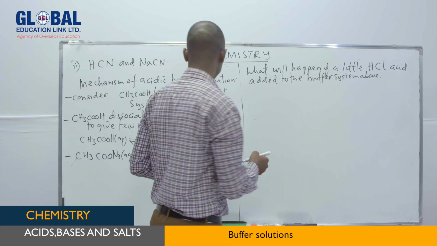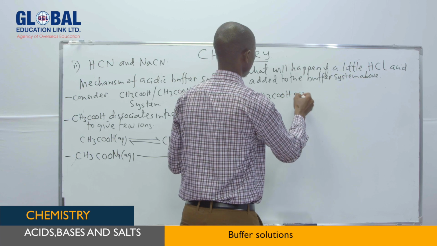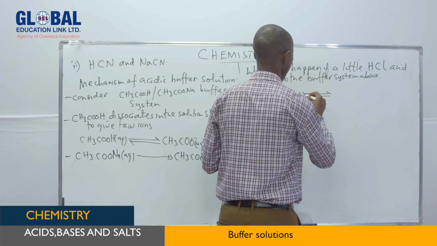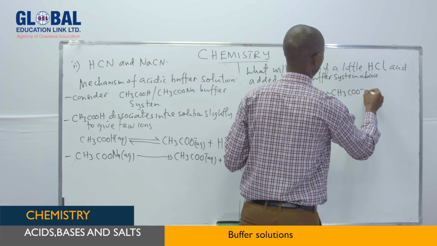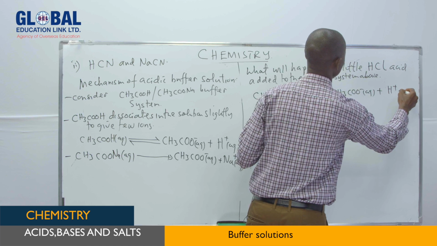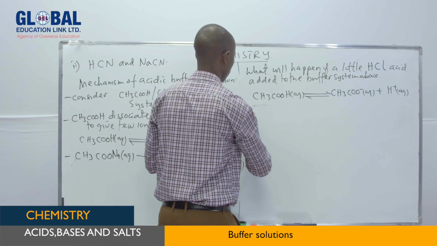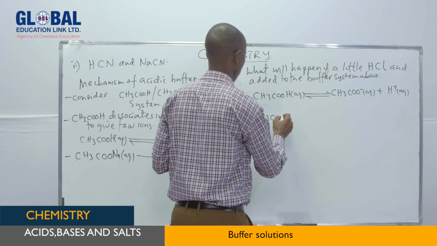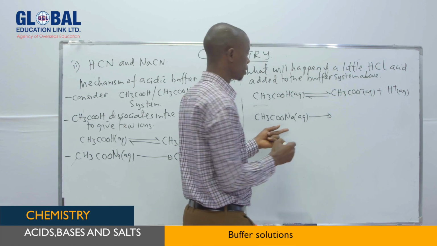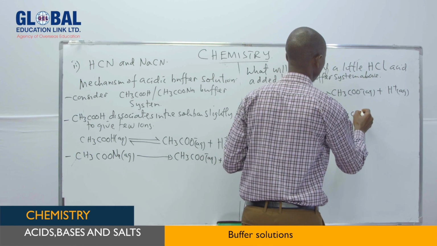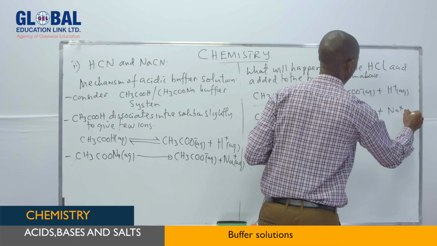What will happen? Remember, initially we have this system. Acetic acid will ionize partially to give the acetate ions and hydrogen ions. And also the sodium acetate will ionize completely to produce the acetate ions and the sodium ions.